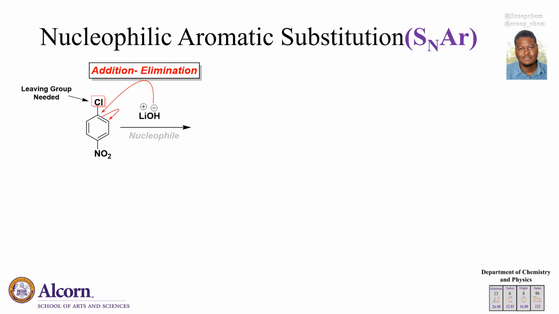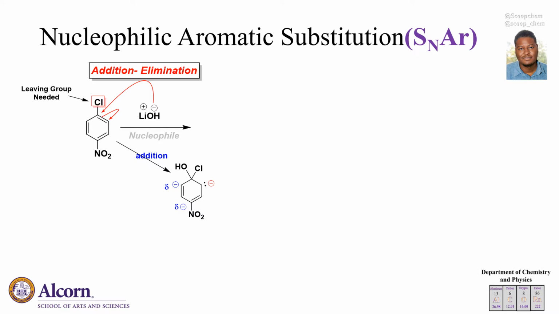The pi bond is weaker than the sigma bond, so it makes sense chemically to break that pi bond. That's going to generate our sigma complex that has a negative charge on the neighboring carbon. In blue here, these are the other carbons that gain a negative charge through resonance. What's important here is the carbon that has a nitro group. There's a negative charge that builds there, and that's a very favorable process.